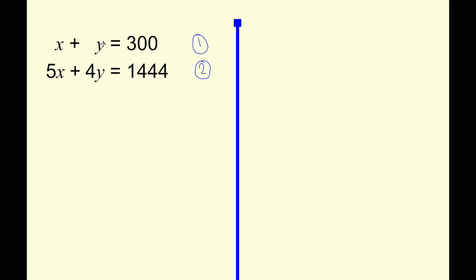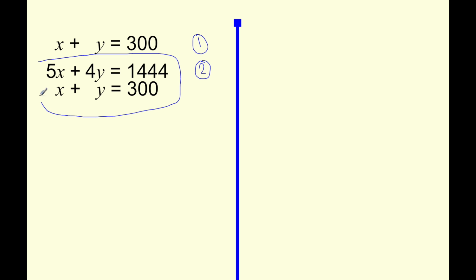Now, I'm going to do this the long way first of all. Just looking at these here, if we were to say, right, we've got 5 x's, we've got 4 y's, and we've got 1,444, let's see what we can take away here.